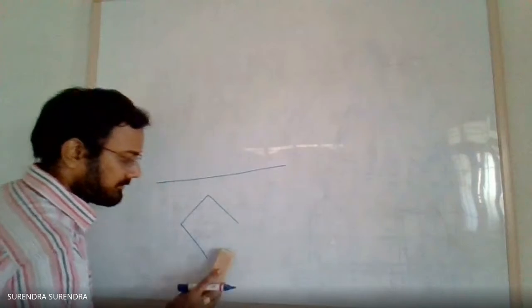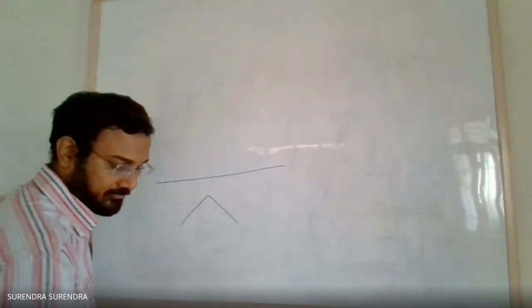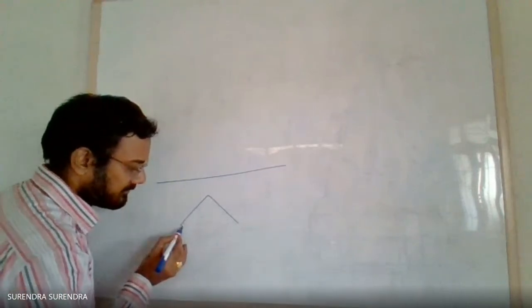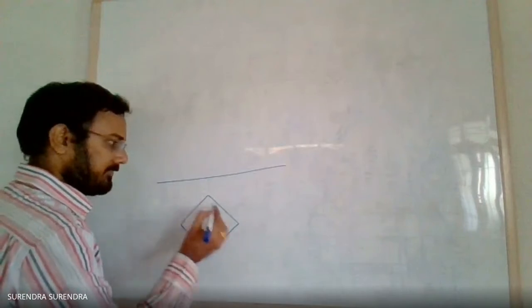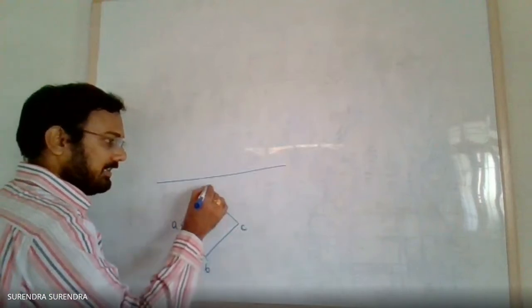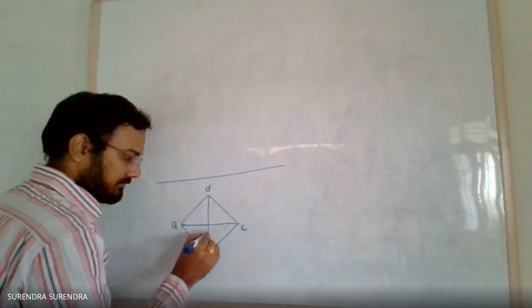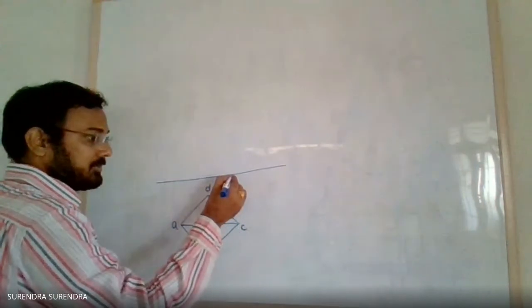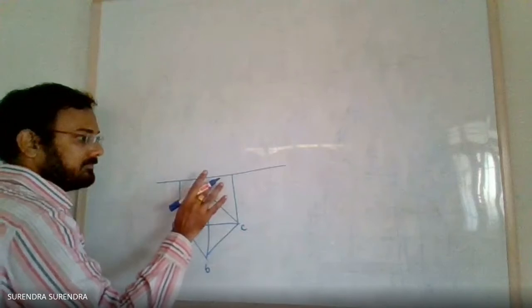If you go through the problems, projections of solids and sections of solids, you can find the same problem. So let this be A, B, C, D. Drawing its respective front view.